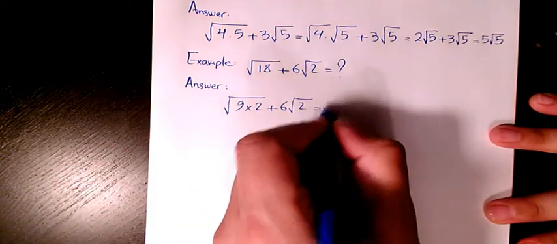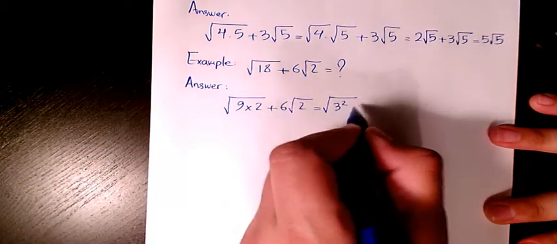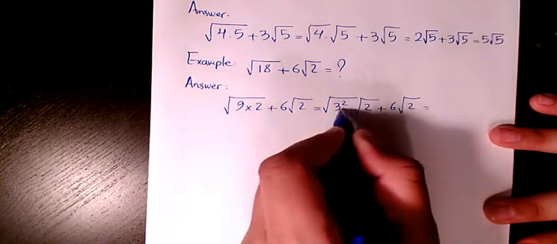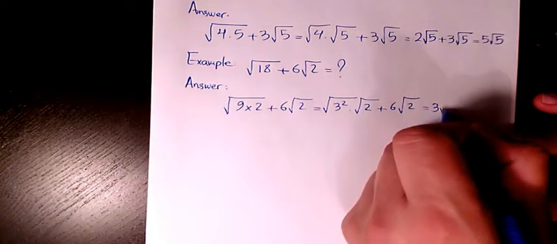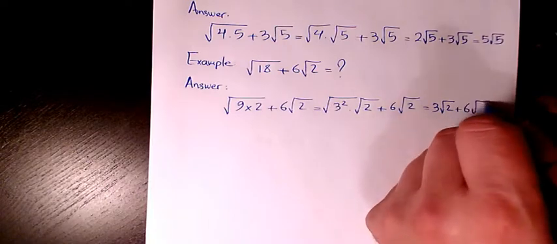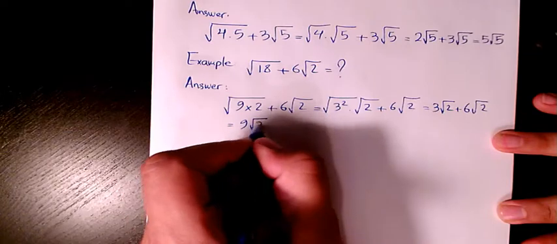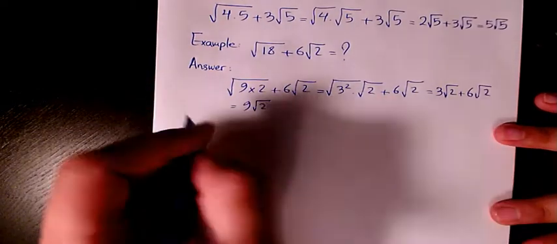It will be 9 is 3 squared times root 2 plus 6 root 2. Square root of 3 squared is just 3 root 2 plus 6 root 2. 3 plus 6 is 9, so it's going to be 9 square root of 2.